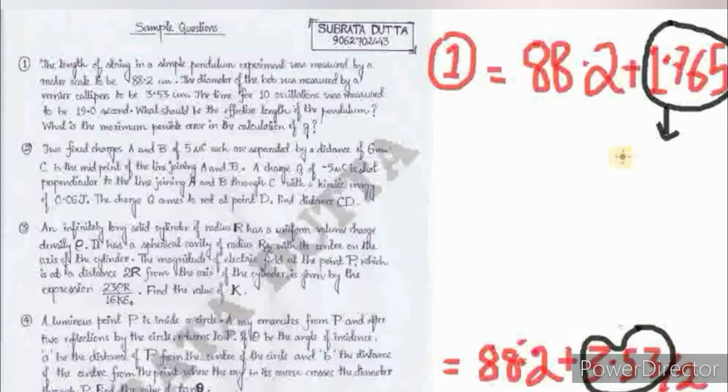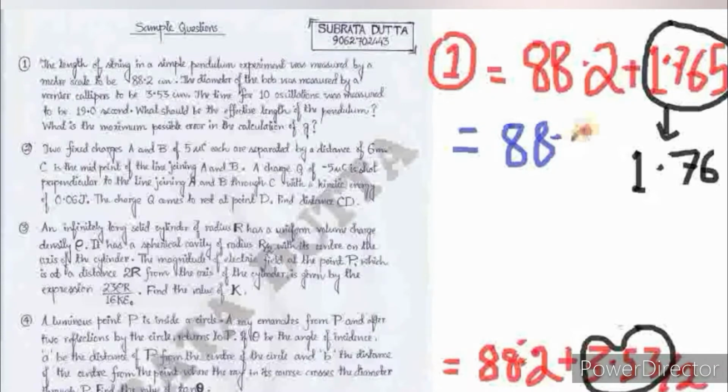Here we got 1.765 as the radius, but it has more significant figures than the diameter, because the diameter has 3 significant figures. That's why we have to reduce our radius up to the second decimal place. That's why it is 1.76.